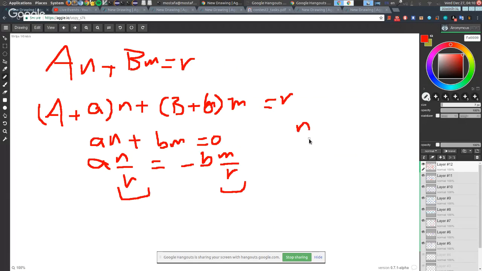We can say that a is equal to some multiple k of m over r, and b will be the negative multiple.